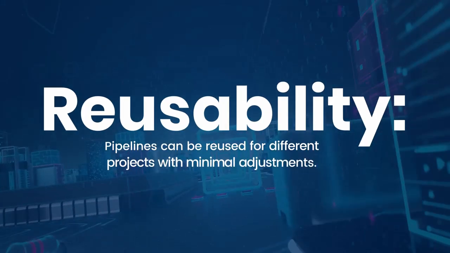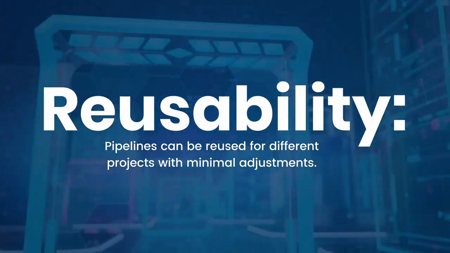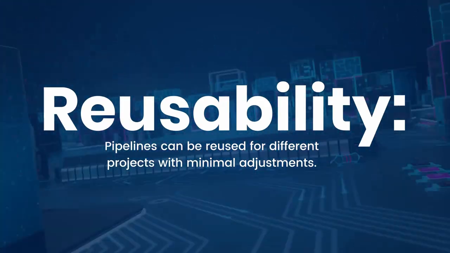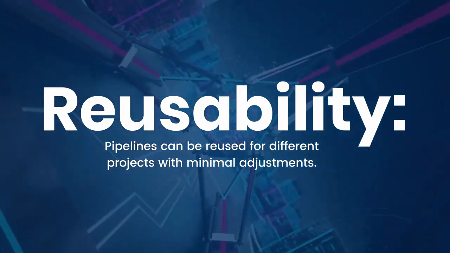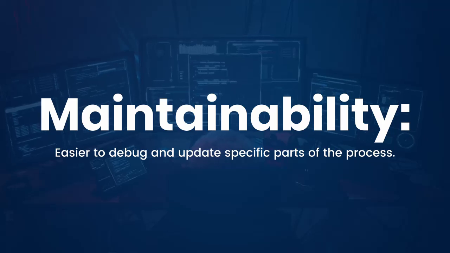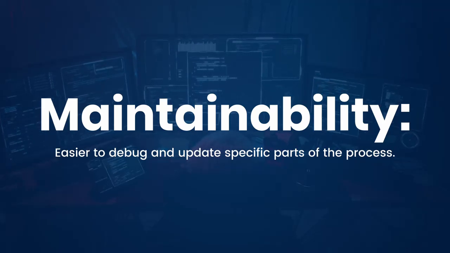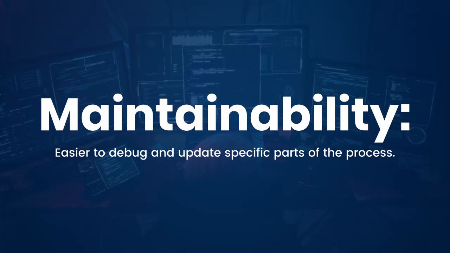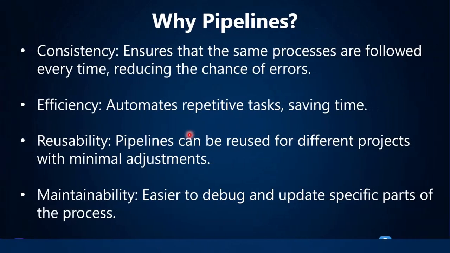Reusability: pipelines can be reused for different projects with minimum adjustments, right? So you can just copy paste the same pipeline and just change the data set and change the algorithm used, and that is it. Maintainability: it will be easier for you to update, edit the code, and even easier for you to debug the specific part of the process. That's why we should use a pipeline.